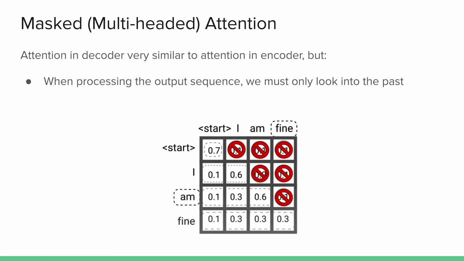So when we're starting the sentence, I am fine, we shouldn't have access to the word I. So all of those words from our output sequence here will be omitted. When we have access to the word I, we can learn how it relates to the start, what it saw before, and the word I itself. When we're at the word am, it can access all of the information it saw before. So we're only allowed to take a look at the past. How do we do this?